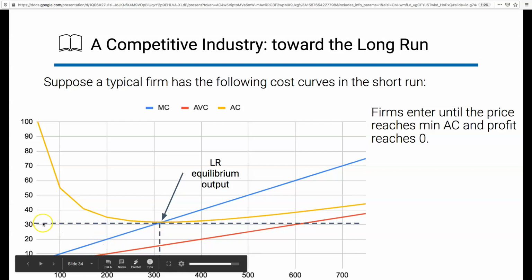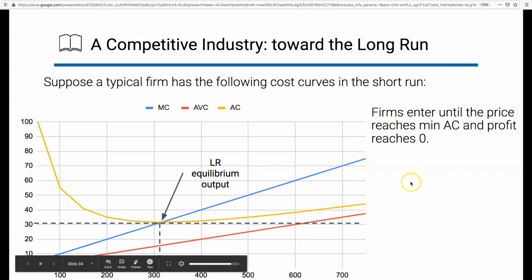On the one hand, the price level intersects with the marginal cost, so each firm is still trying to maximize its profits. On the other hand, it is tangent to the average cost, so it corresponds to the minimum average cost. So each firm is making zero profits.